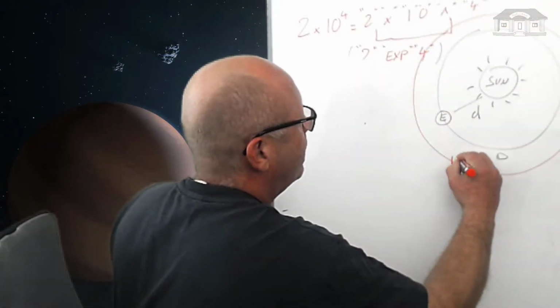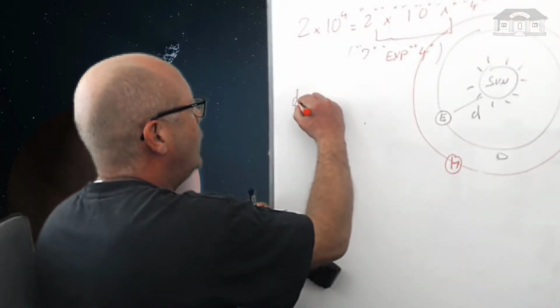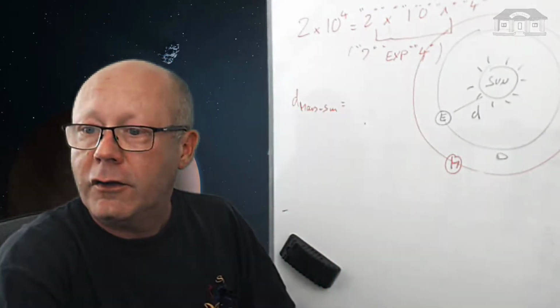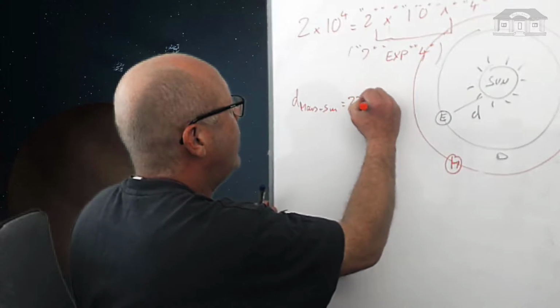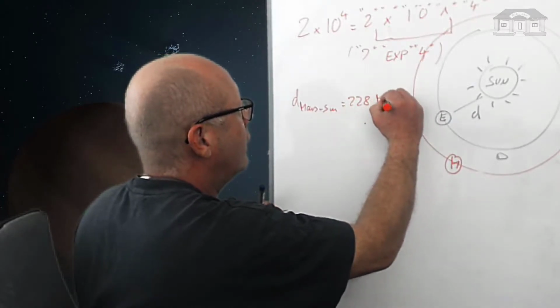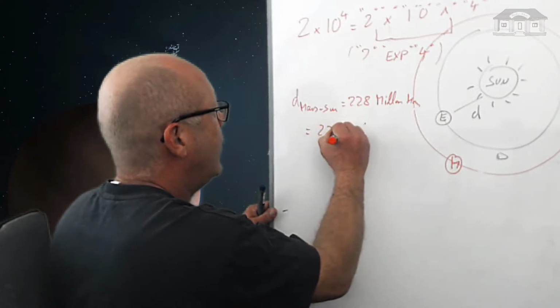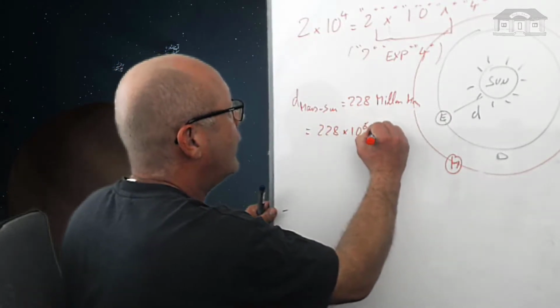Here we've got Mars. The distance between Mars and the Sun is 228 million kilometers. So that's 228 × 10^6 kilometers.